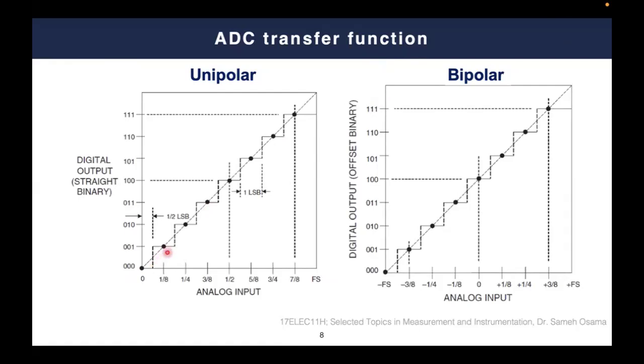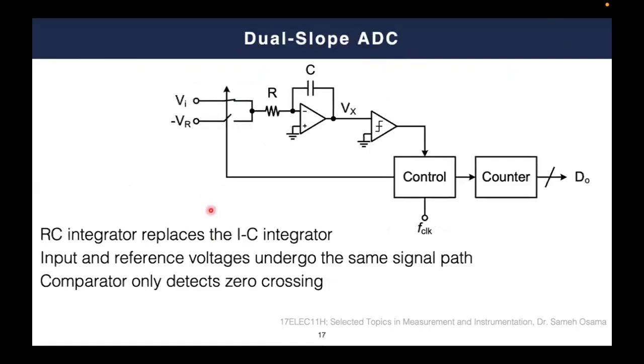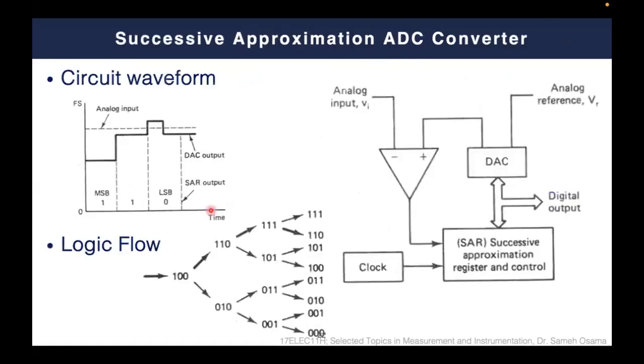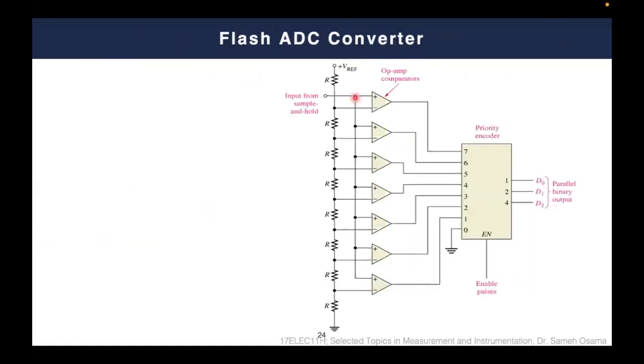From 1/8 to 2/8, you belong to the second state. From 2/8 to 3/8, you belong to the third state, and so on. Here we do this using these 7 comparators. So here we have 7/8 of Fs. Here we have 6/8, 5/8, 4/8, 3/8, 2/8, 1/8.